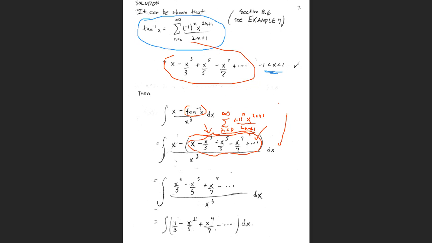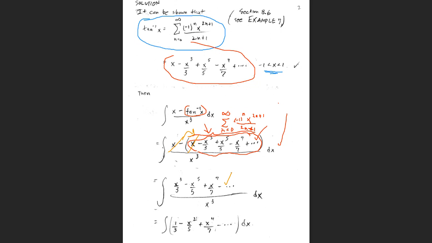That's right, Yonatan, the x terms cancel out. This x term here cancels out with this x term here, and the minus distributes across all the terms, giving me then in the numerator the power series x cubed over 3 minus x to the 5th over 5 plus x to the 7th over 7 minus and so forth.